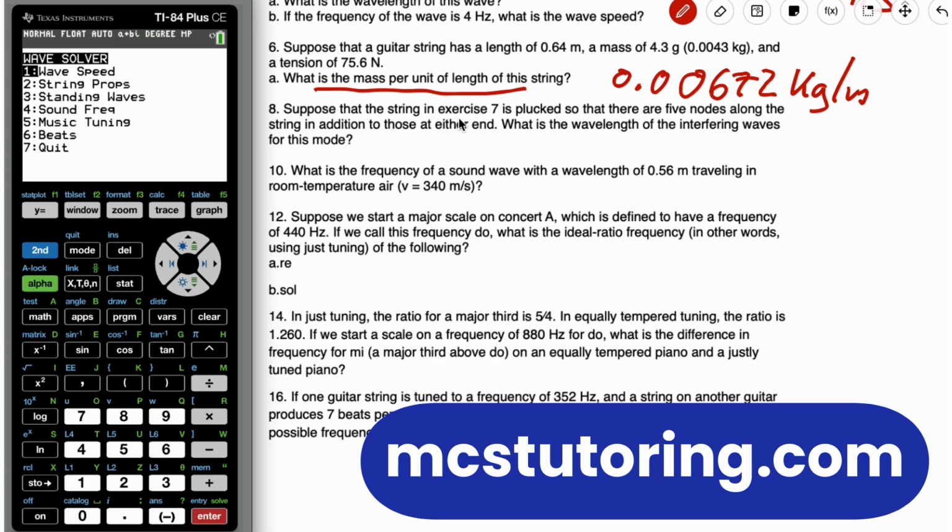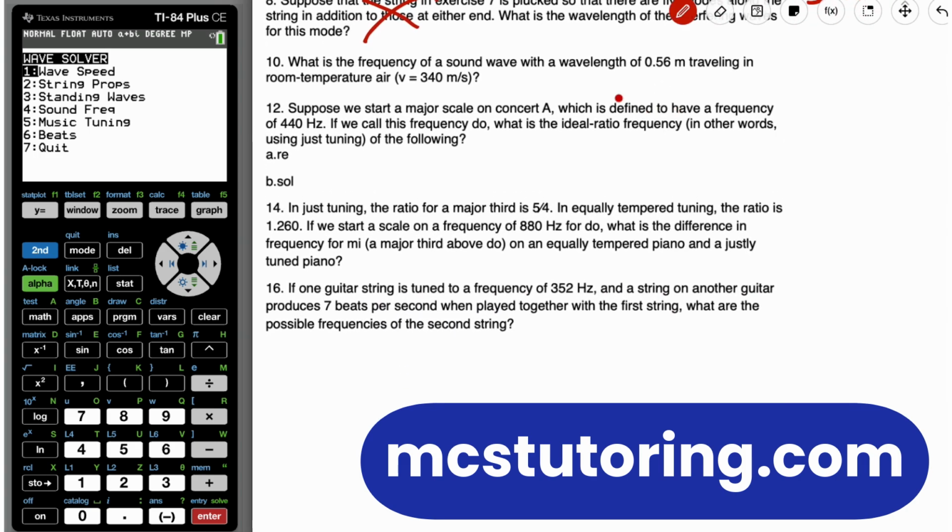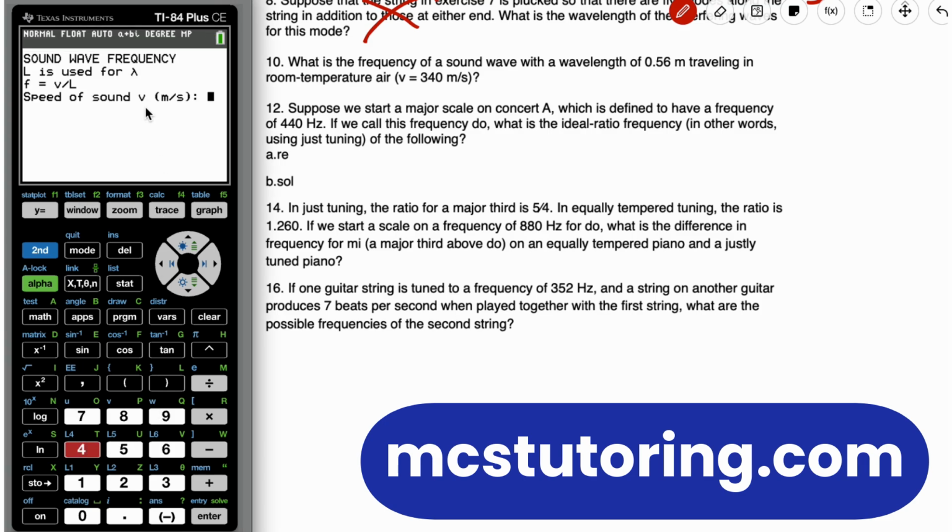Okay, next one. String in exercise 7. I don't have that, so that's not happening. Frequency of a sound wave with a wavelength of 0.56 meters traveling in room temperature air. So I think we're trying to find sound frequency here. Option 4. The speed of sound in room temperature air is affected by the temperature.